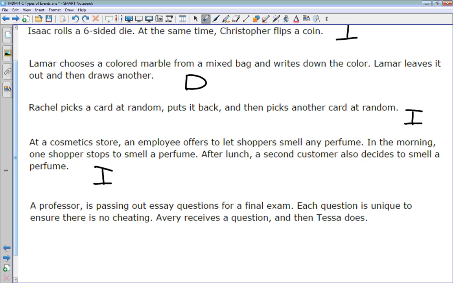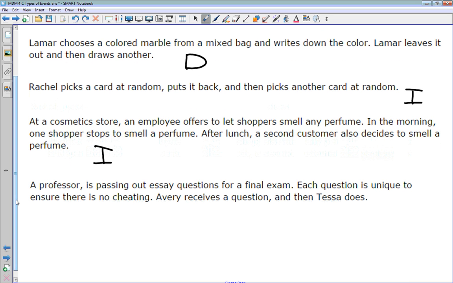Absolutely right. Yeah, the second shopper was in no way influenced by that first shopper. Now we could change this a little bit to make them dependent. If the two shoppers were there at the same time, then possibly the one shopper seeing the other shopper smell the perfume might influence them to smell it or to not smell it, either way. Maybe the second shopper sees that it has been smelled, so they decide they don't need to. But as long as they're separated in time like this, then the two events, I think, are independent.